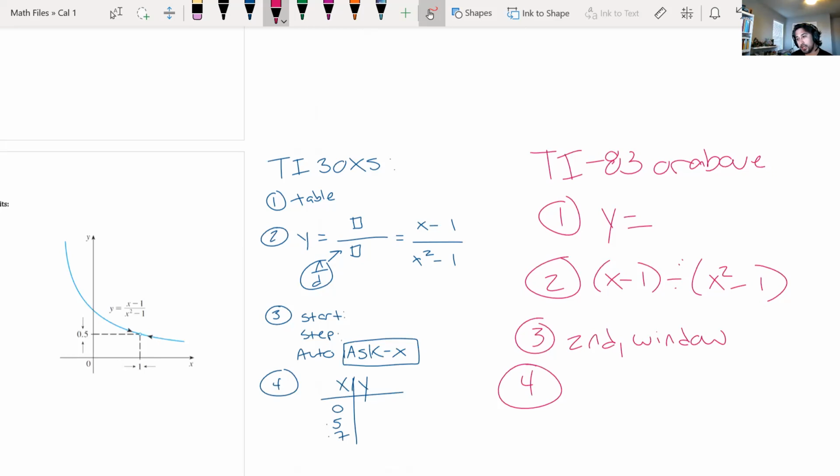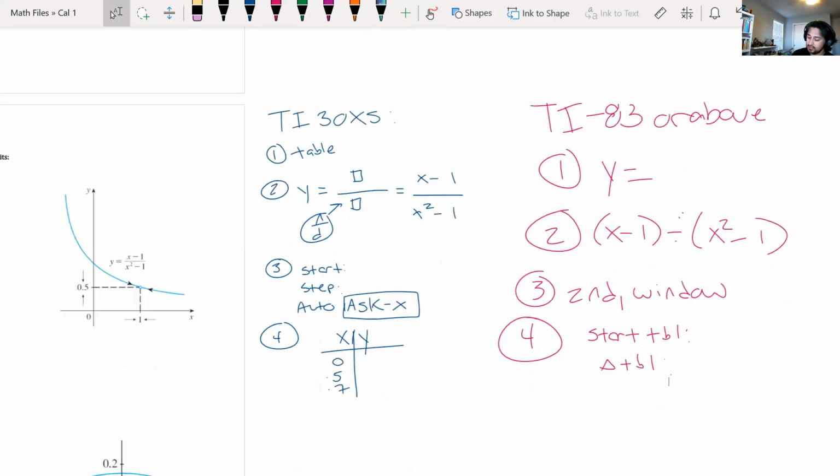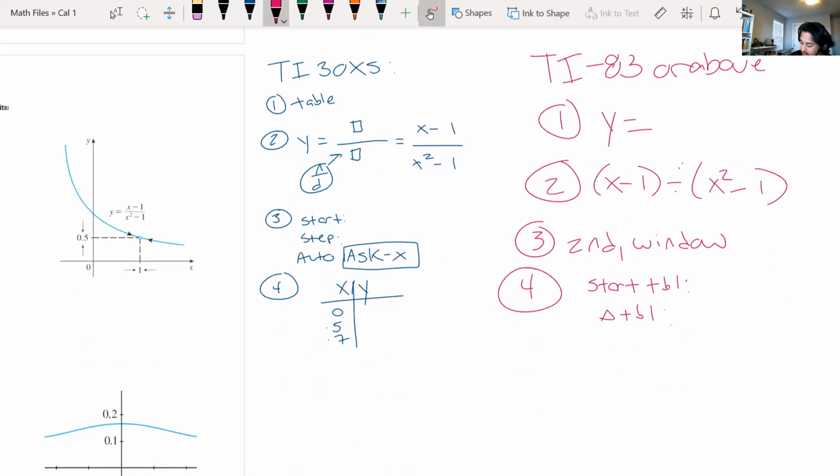Start, step, change table, I think. Is there a start on there? I think it's start table and I think change table. Oh, yeah. So you'll just ignore those for now. And then you'll see independent. And then you'll see auto and ask.